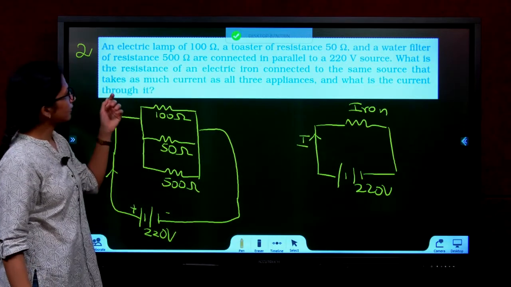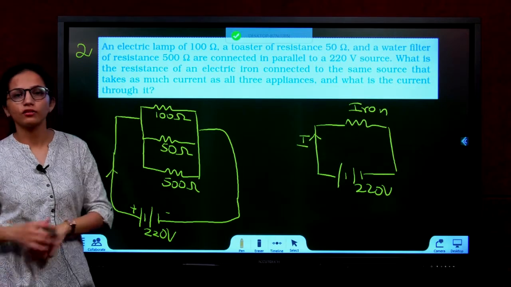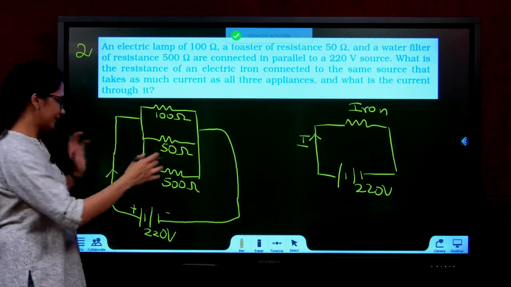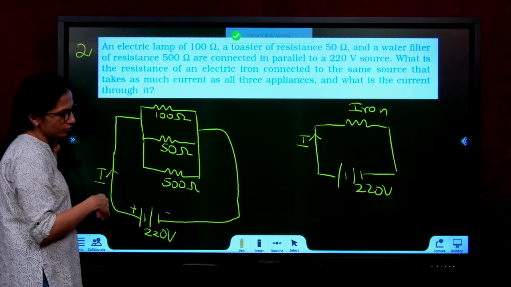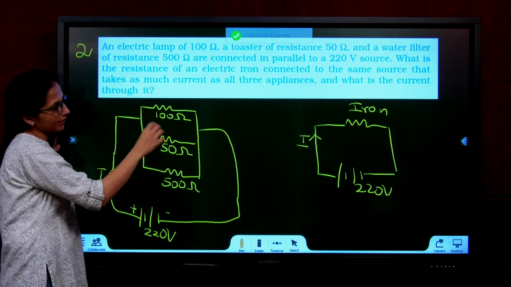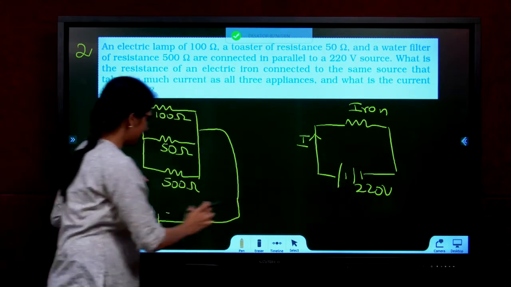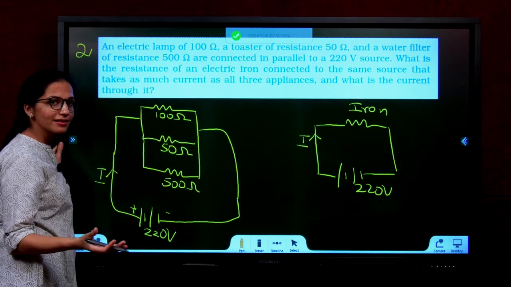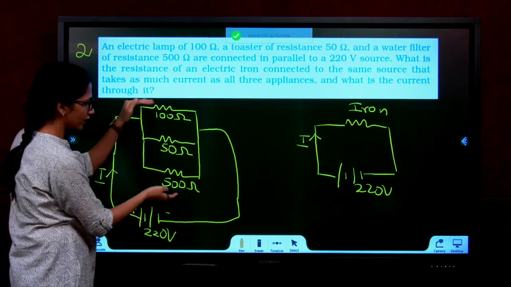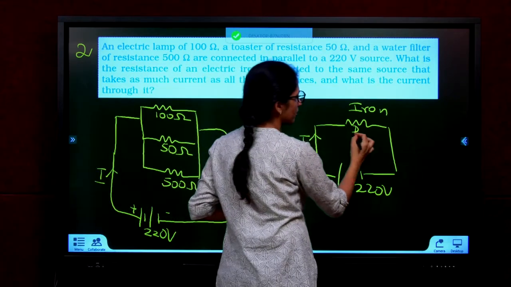What is the resistance you have to find, and also what is the current through it? They are telling it's taking the same current, so I can say this is also I. So now how do we do this? Can I find Rp? If the source is the same and the current is the same, isn't this the definition of equivalent resistance? Whatever total resistance there is, Rp, the same resistance Rp will be here.